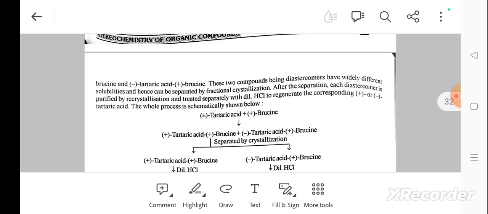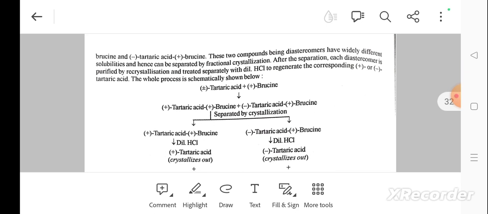These two compounds are diastereomers and have widely different solubility, and hence are separated by fractional crystallization. After the separation, each diastereomer is purified by recrystallization and treated separately with dilute HCl to generate the corresponding positive and negative tartaric acid.